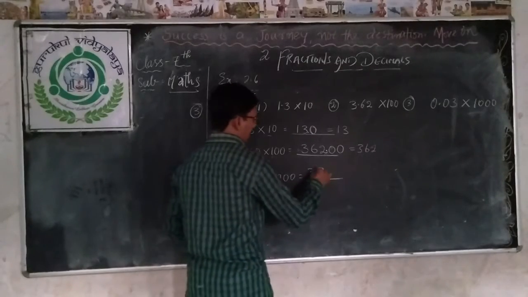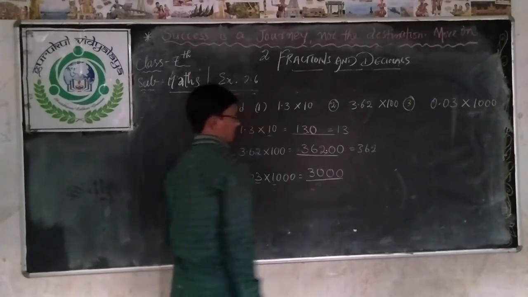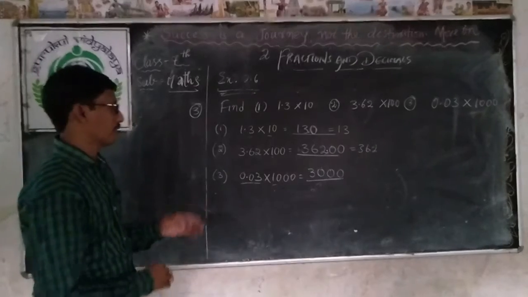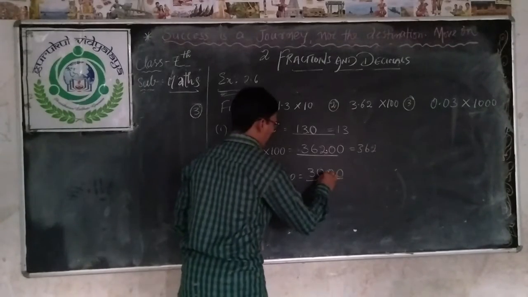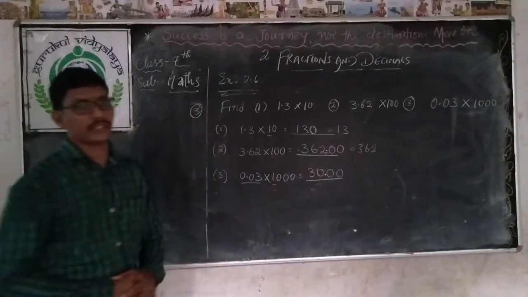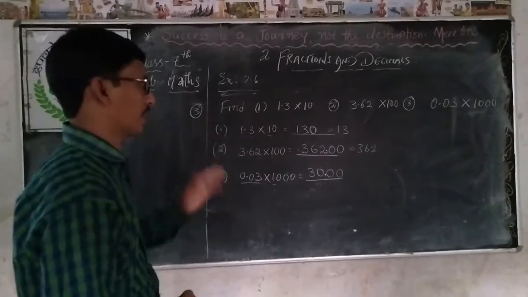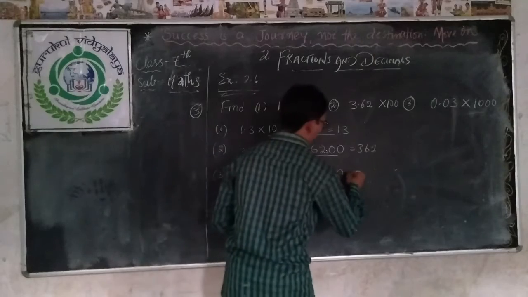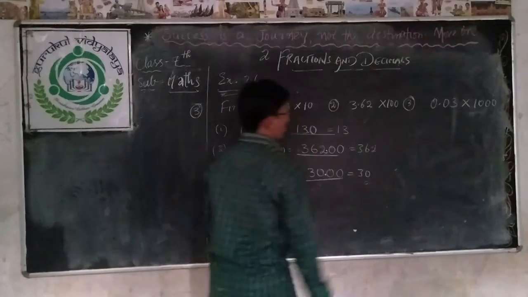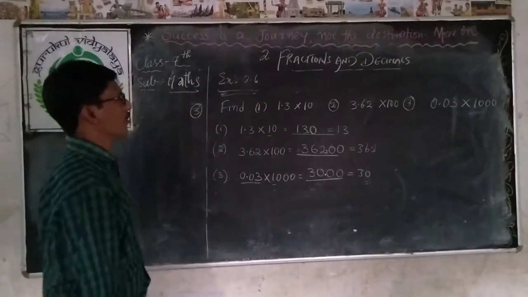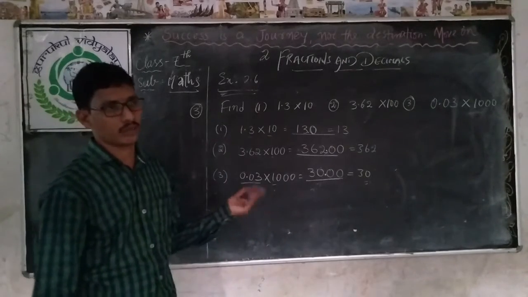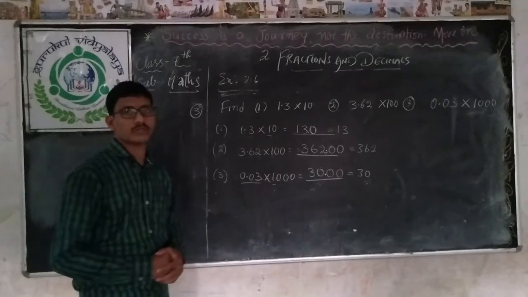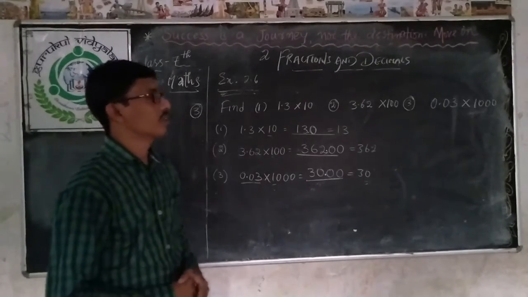So you keep 3 zeros. Now where do you have to keep the point? Here 2 digits after the point are there, so you keep the point after 2 digits. It becomes 30. 30.00 means how much? That is nothing but 30. So like that you can solve. These are very easy problems. When decimal numbers are multiplied with tens, hundreds or thousands, you do it like this. Okay, this is the first method.